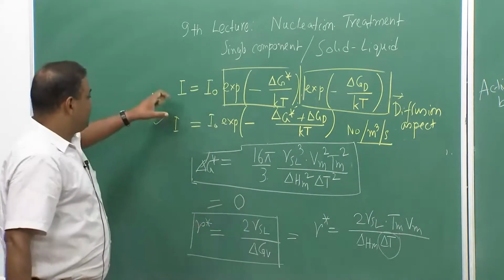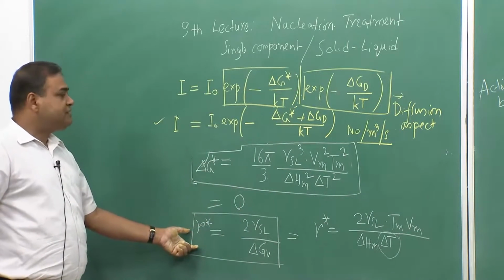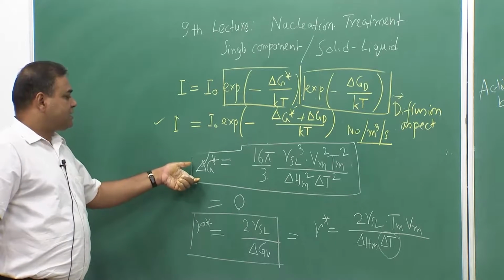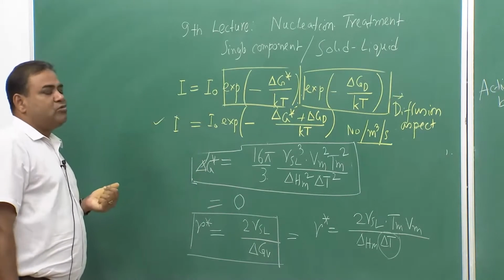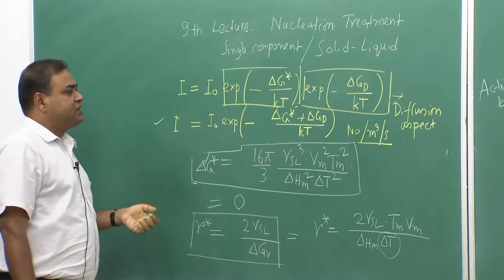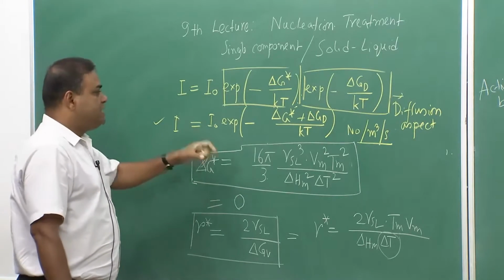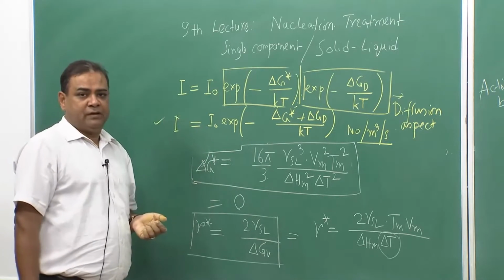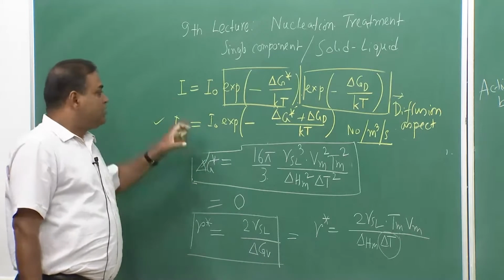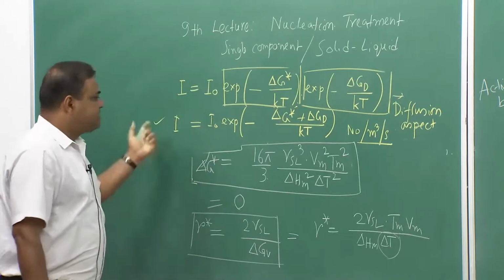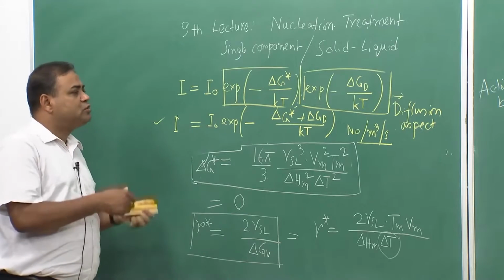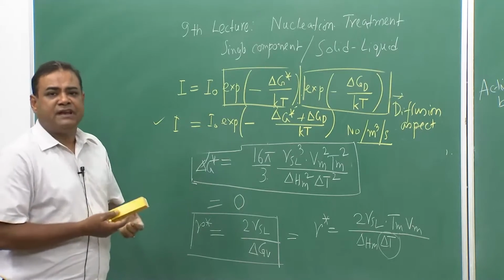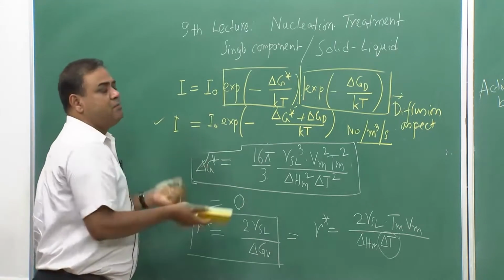So, we have critical nucleus size, we have critical activation energy, and then from there we get nucleation rate, the rate at which stable nuclei form in a particular volume of liquid per unit time. So, with these three expressions, we will do some problem solving in our next lecture, just to make it more clear.